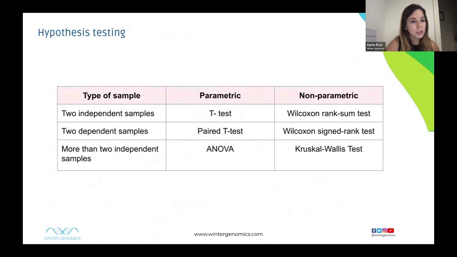And finally, before going to the practical session, let's talk about hypothesis testing. Statisticians usually develop their statistical hypothesis based on the research hypothesis that they have. Remember that you will have the null statistical hypothesis, which would be developed as, for example, there is no difference of the microbiome composition in health and disease, or whichever experimental groups that you have.